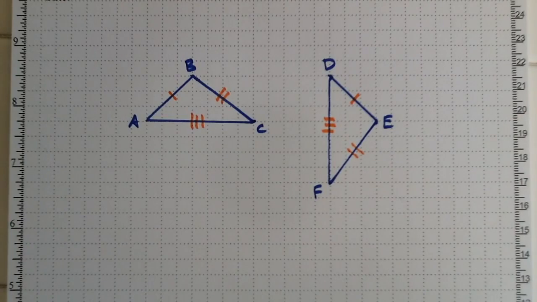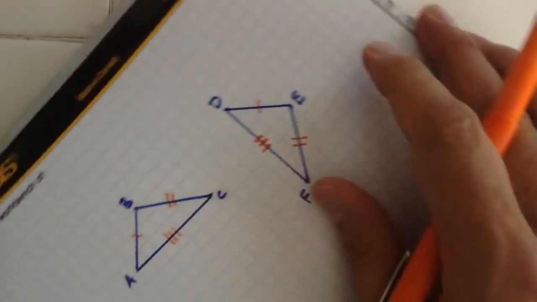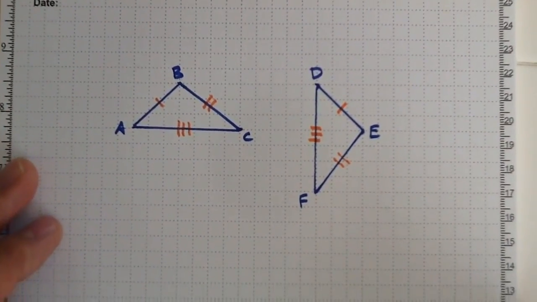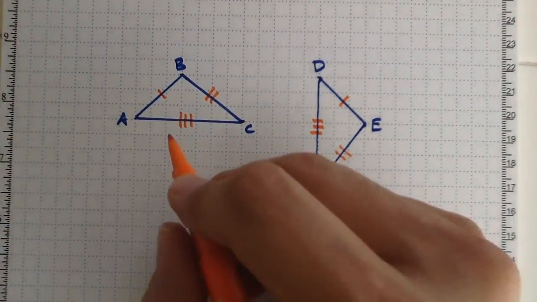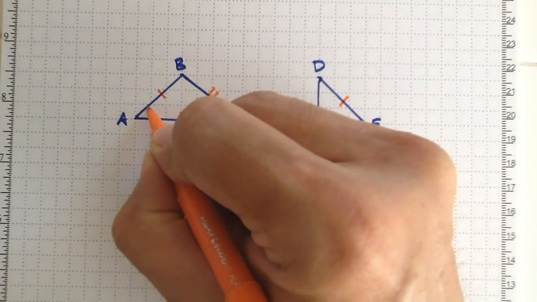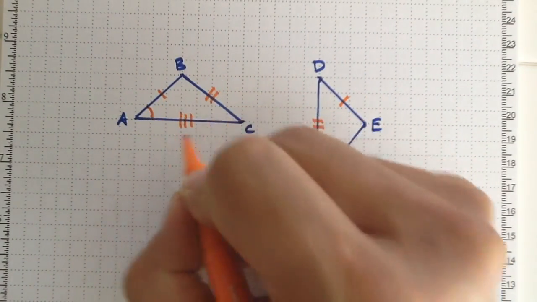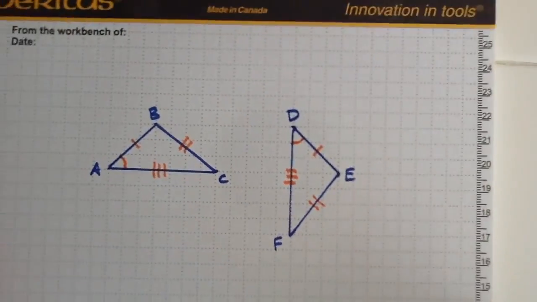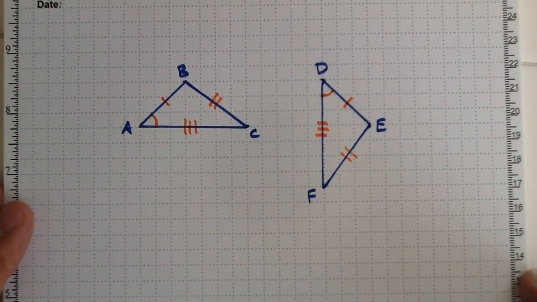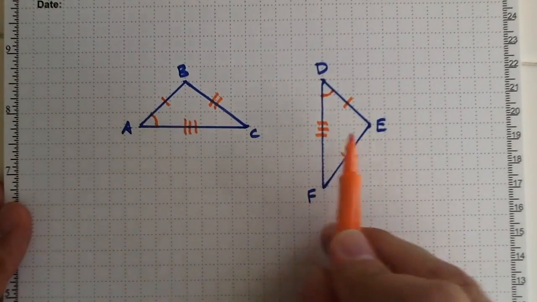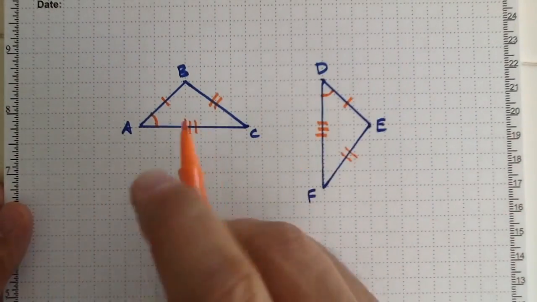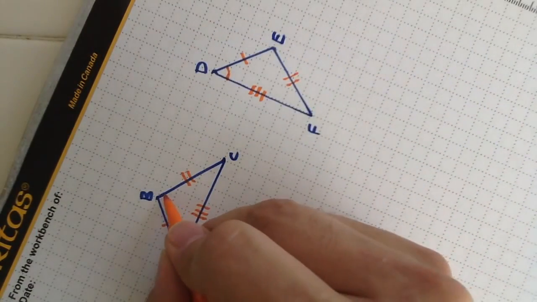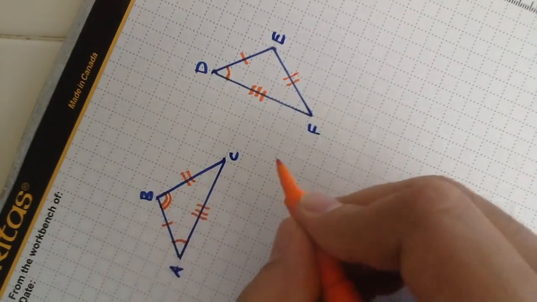Now as far as the angles go, well, angle A would correspond with angle D. So to show that those are the same measurements, we do something similar, except instead of these tick marks, you put a little arc. So here's A, and then here's D. The next set of congruent angles would be B and E. So just like with the tick marks, I want to show that it's different from angle A, so I'd still use these arcs, but in this case I'm going to do two of them.